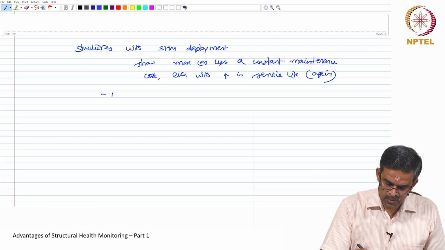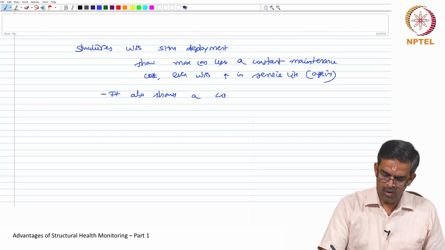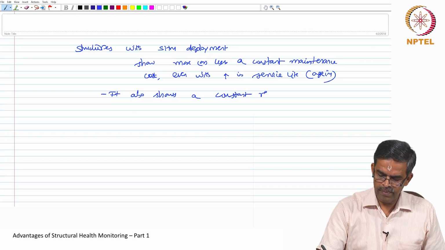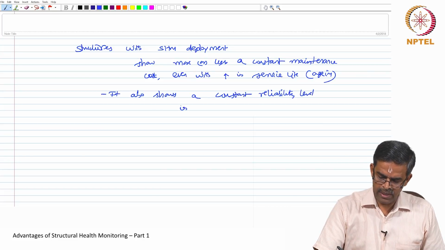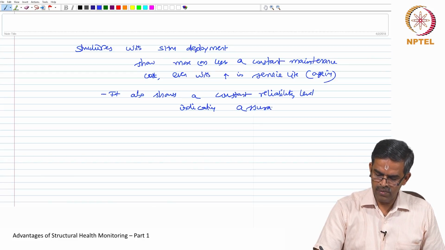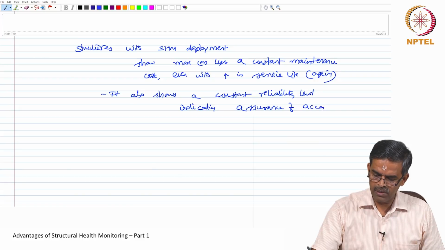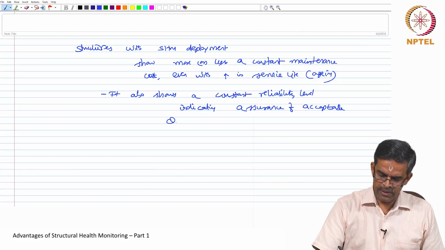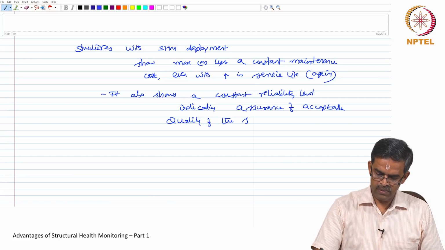It also shows a constant reliability level, indicating assurance of acceptable quality of the structure in terms of its functional value.